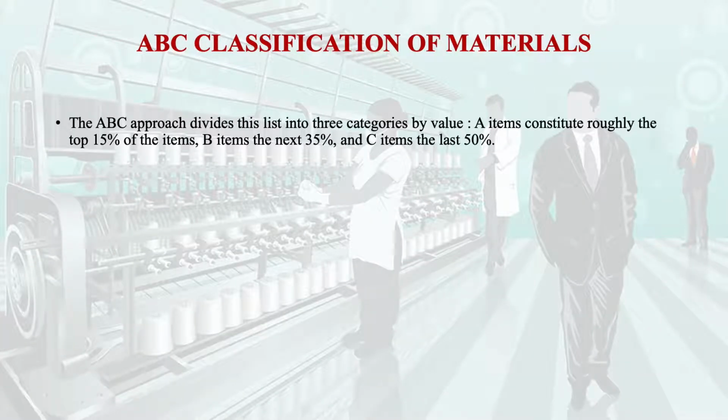The ABC classification approach divides this list into three categories. A items constitute roughly the top 15% of the items, B items the next 35%, while C constitutes the last 50%.